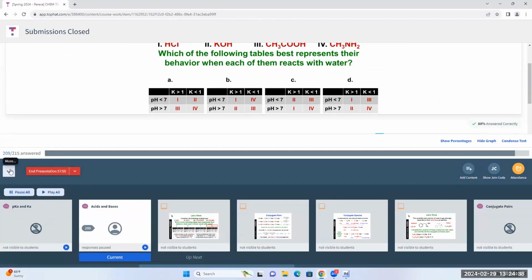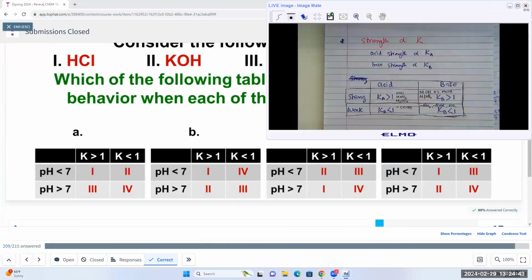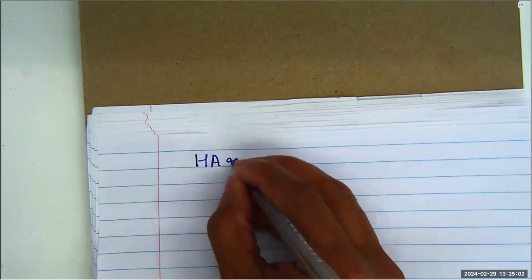So let me switch to my notebook. I have a slide as well, but I prefer the notebook for this. Okay. So here's how it goes. Let's take an acid, okay, any acid. So let's call it HA. Please pay attention now. If you understand this, you will do really well on the quiz tomorrow.